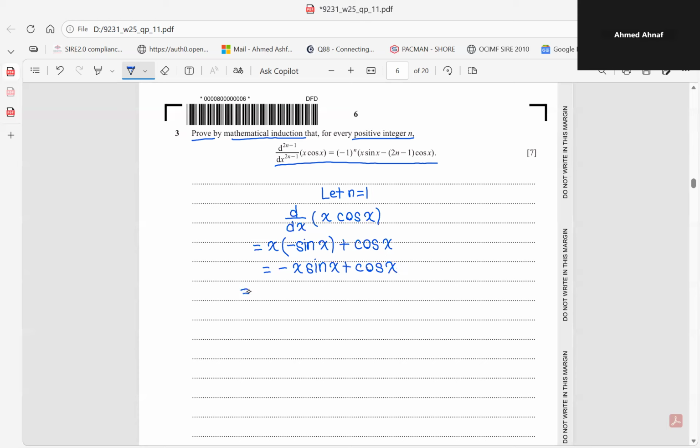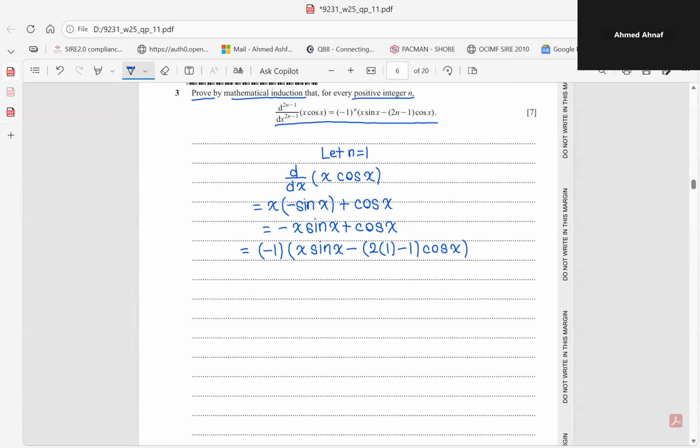So you'll get minus x sine x plus cos x. Okay, now we're gonna have to make this equal to the right-hand side. Okay, so minus 1 to the power of n, which is just 1, so just minus 1 times x sine x, minus 2n minus 1, which is just 1, but just write it as 2 times 1 minus 1 cosine x.